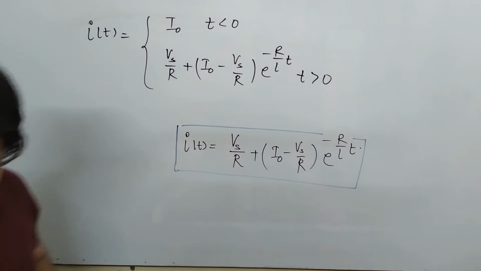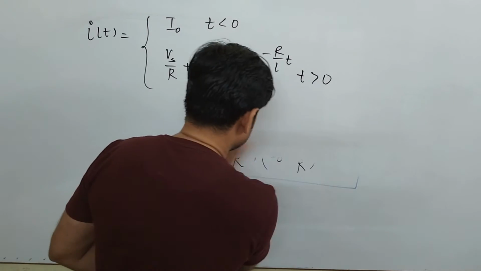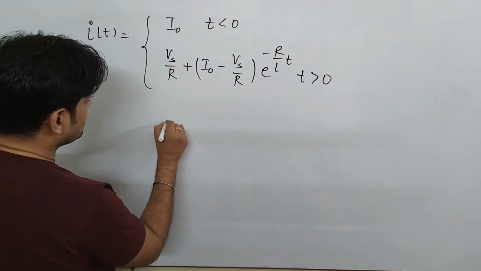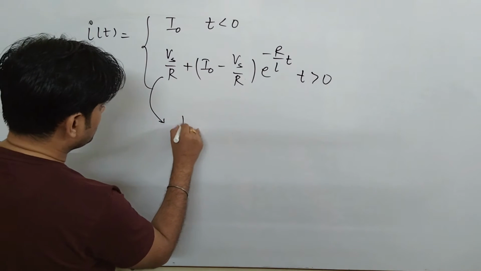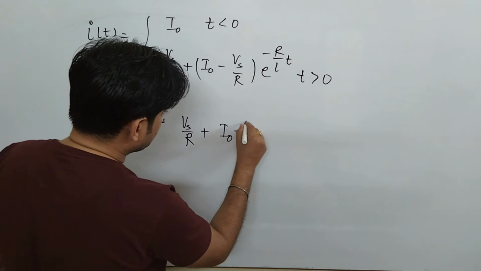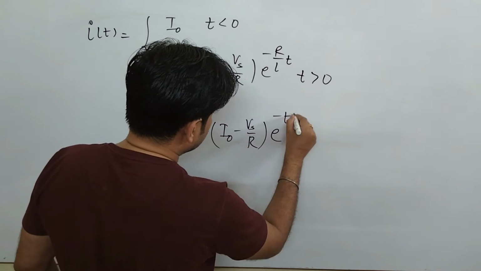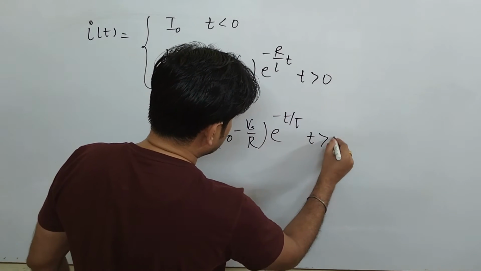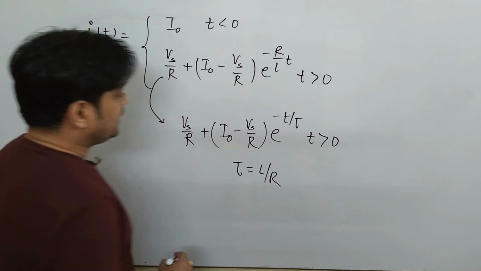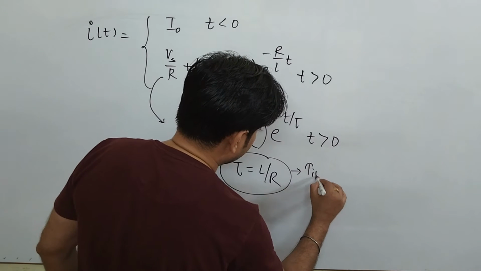This term you can also write in the form Vs upon R plus (I naught minus Vs upon R) into e to the power minus t by tau for t greater than 0, where tau is equal to L by R and it is the time constant of an RL circuit.